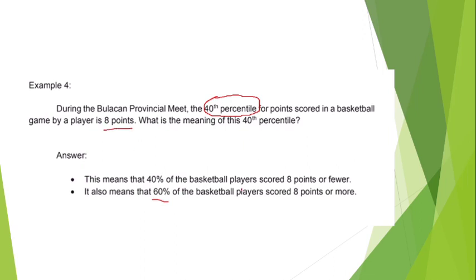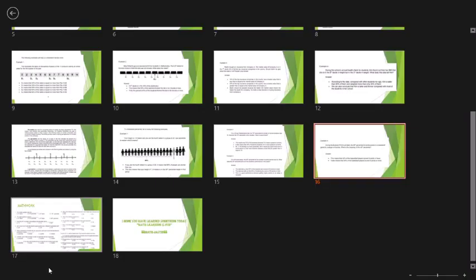So possibly 40% scored 8 points or fewer, which is lower. If, for example, this is percentile 40, P sub 40, and this is P sub 16, possibly lower. And this one is, or more. That is the chance. Okay, I hope you got it. Sorry.